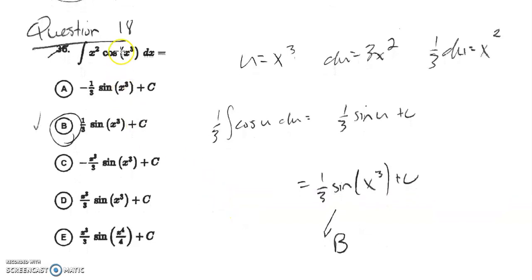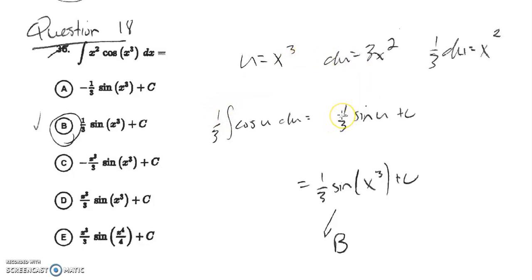The u is my x cubed. It's inside of the cosine. The du is 3x squared. Divide by 3, 1/3 du is x squared. If you want to have a dx right here, you could. And then I'm integrating cosine u du with the 1/3 out front, just like I talked about in the last one.